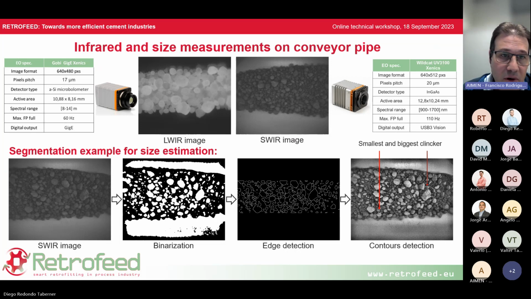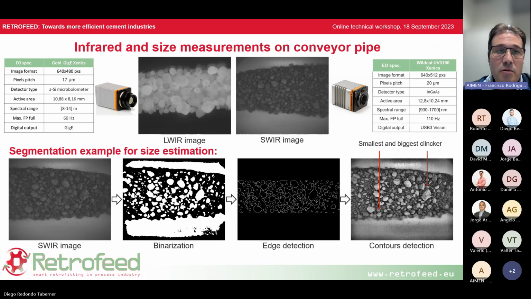One working in the long wave infrared range, that is the images that you have on the left, is based on silicon microbolometer technology, and is working at 8 to 14 microns. And the second one is a 301 that is working from 900 to 1,700 nanometers in the shortwave infrared range. So there are two different kinds of images.